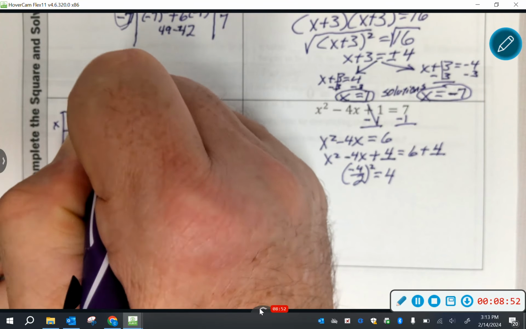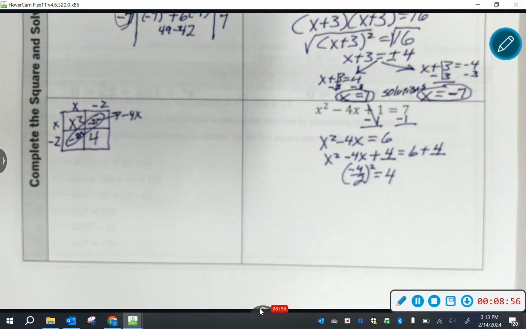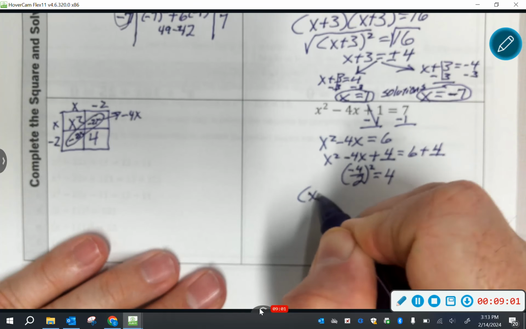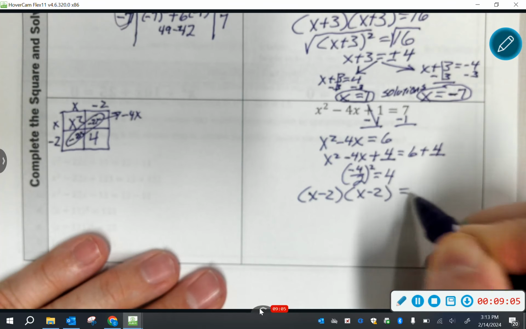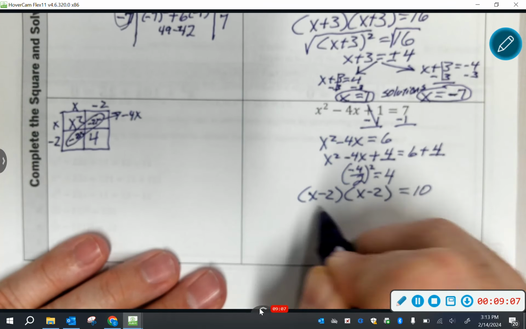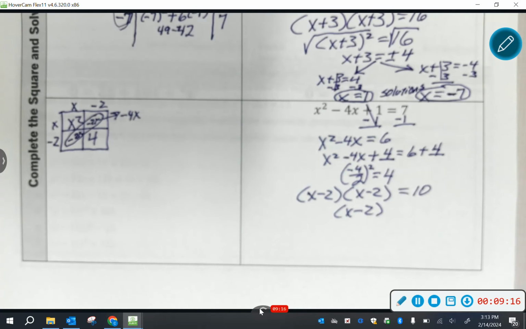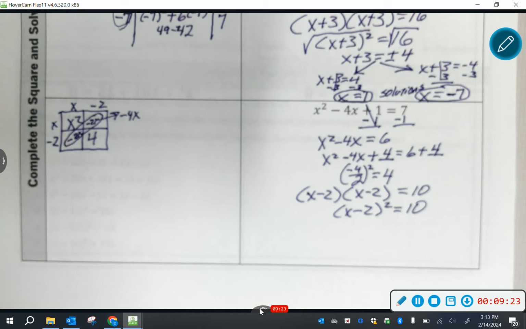So this will be minus 2, minus 2. Okay. So my factors here are going to be x minus 2 times x minus 2, that'll be equal to 10. So this will be x minus 2 quantity squared is equal to 10.